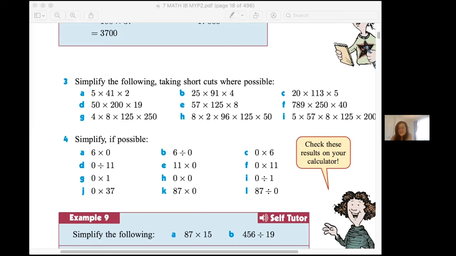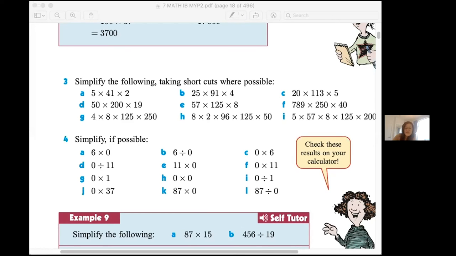I think Ethan finished this. Ethan, can you share your answer with us? Sure. Do you want me to share 9A or 9B? 9A. 9A is 1,305. Yes. 1,305. Yes. Thanks. 9B, who finished this?